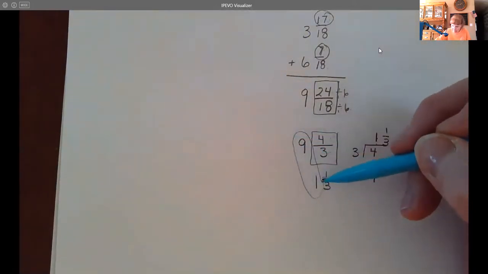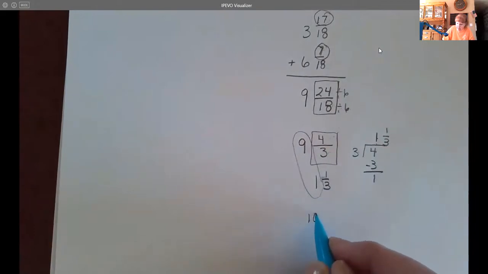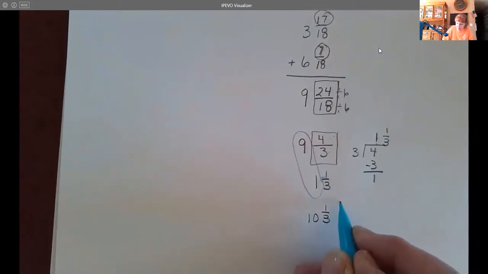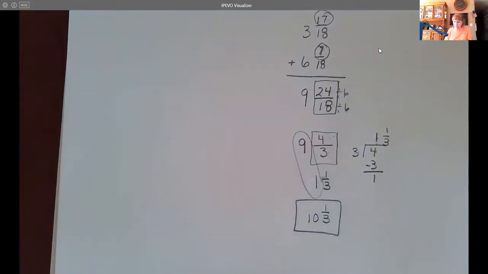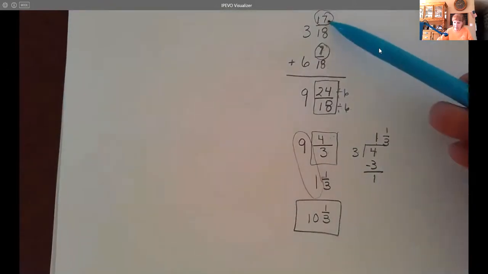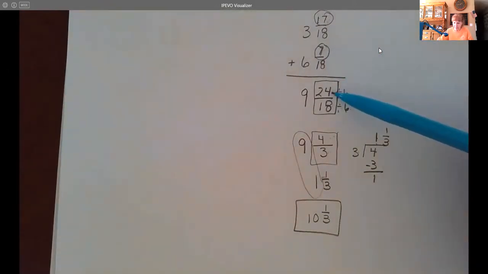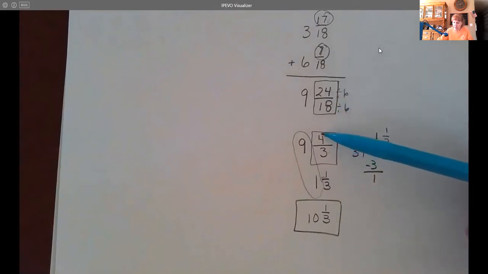So then you'll add these two together. 10 and 1/3 is your answer. So I added the numerators here, reduced this fraction. Because this was improper, I changed it to a mixed number, 3 into 4.